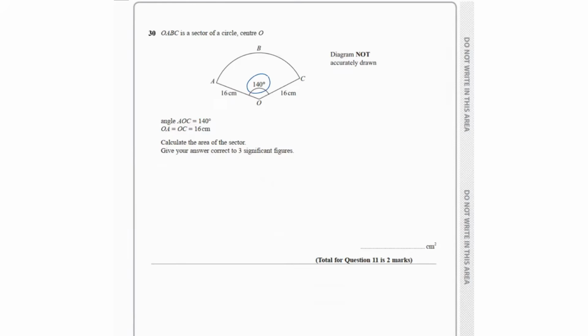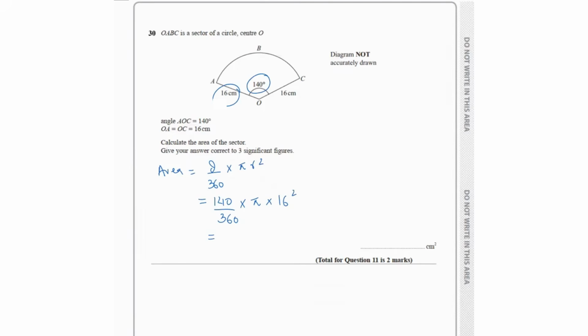Over here, they've given us the angle, they've given us the radius, they want us to find the area. So use the area formula, which is theta over 360 times pi r square. Theta is 140 over 360 times pi times 16 square.